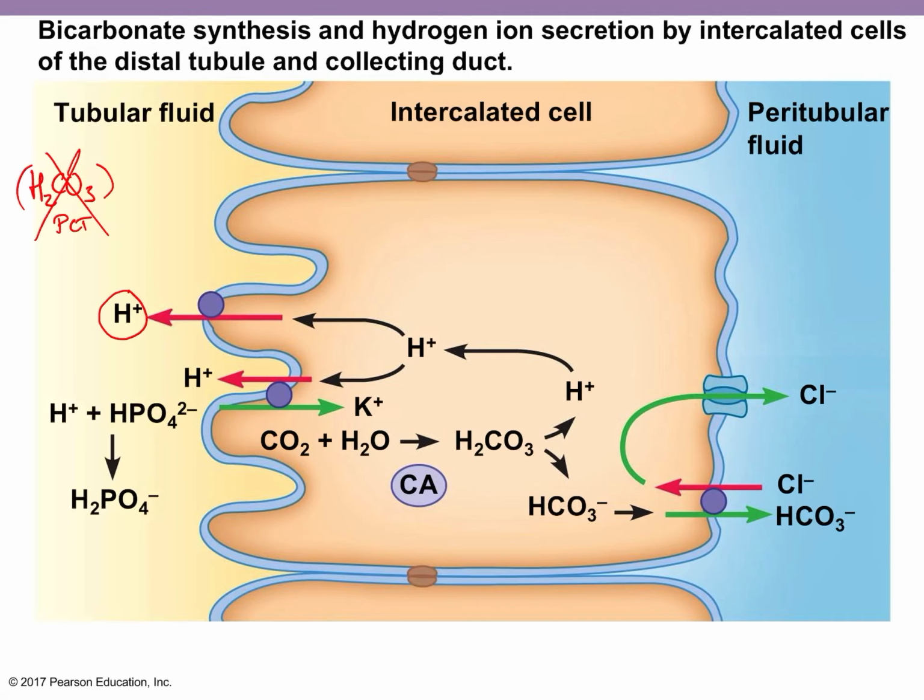Okay, so because carbonic anhydrase is inside the cytosol, okay, it can create bicarbonate ions. And we are relying on the CO2 coming as a gas from our bloodstream, and water is always around. So we have this carbonic anhydrase reaction going, making carbonic acid, and then our bicarbonate, and then our hydrogen ions. Our hydrogen ions are pumped out.